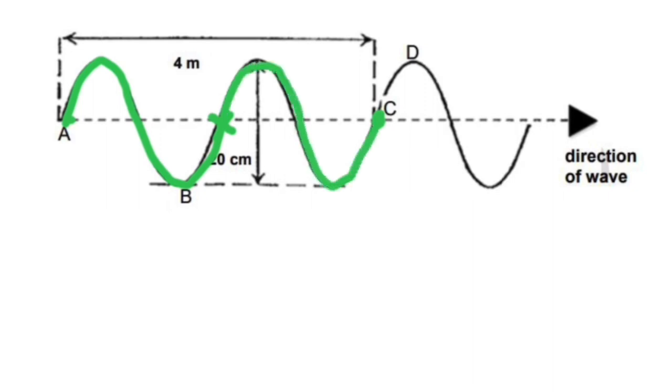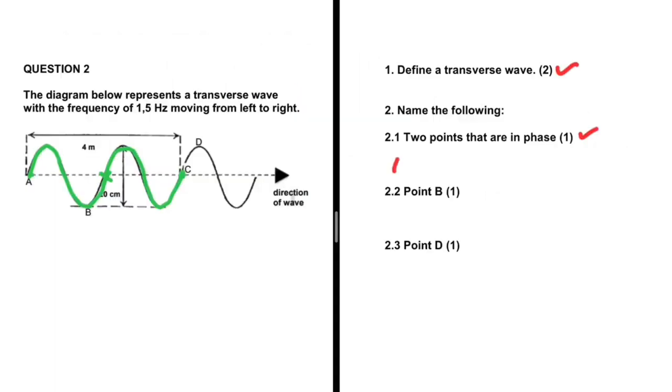So between A and C, we have 2 wavelengths, 2 complete waves. So those 2 points are in phase. So the answer to 2.1, we have A and C. There's a whole number of complete waves in between the 2 points.